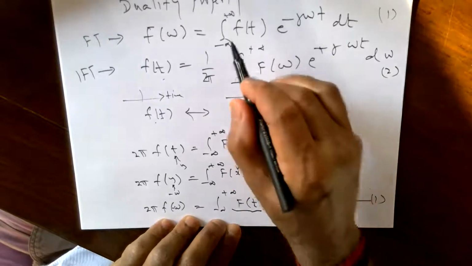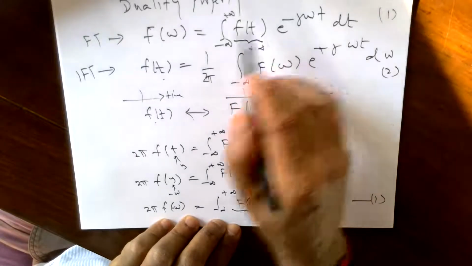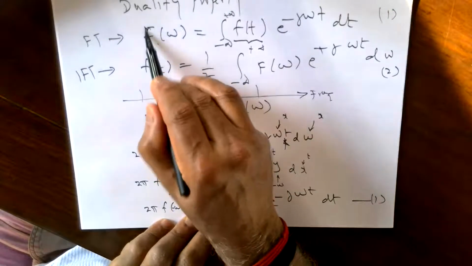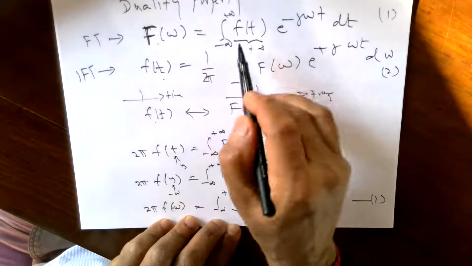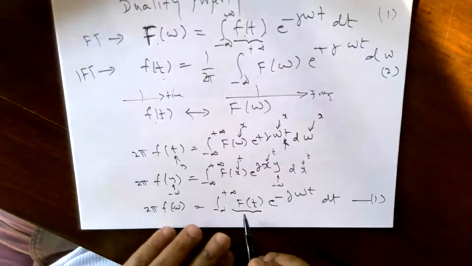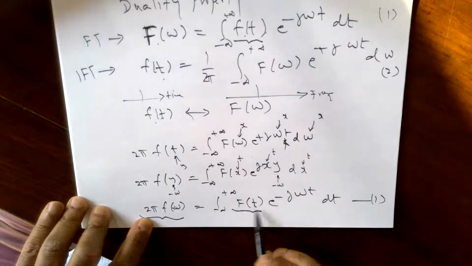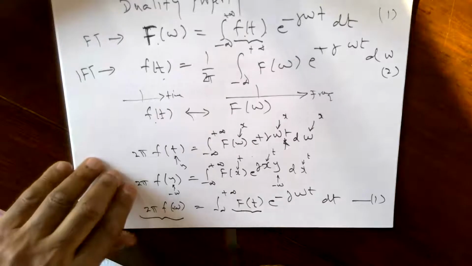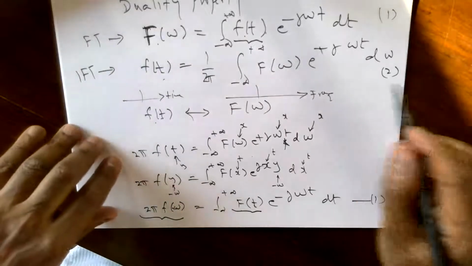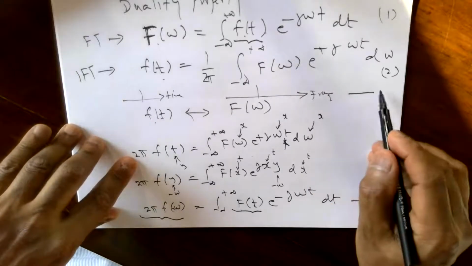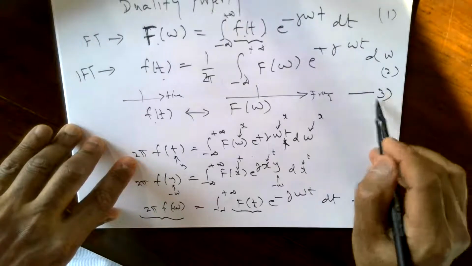You can see that if capital F omega is the Fourier transform of small f(t), then this quantity, 2 pi f of minus omega, is the Fourier transform of this shape. Let me capture this relation; I'm going to call it 3.